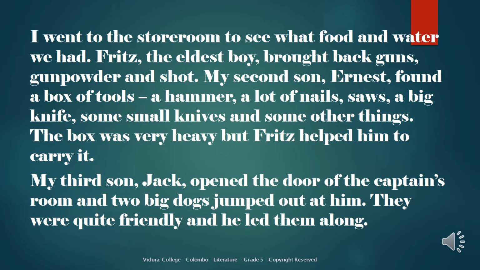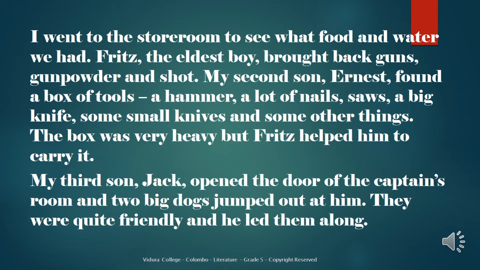Mr. David Robinson went to the storeroom to see what food and water they had. Fritz, the eldest boy, brought back guns, gunpowder, and shot, and the second son, Ernest, found a box of tools, a hammer, a lot of nails, saws, a big knife, some small knives, and some other things.